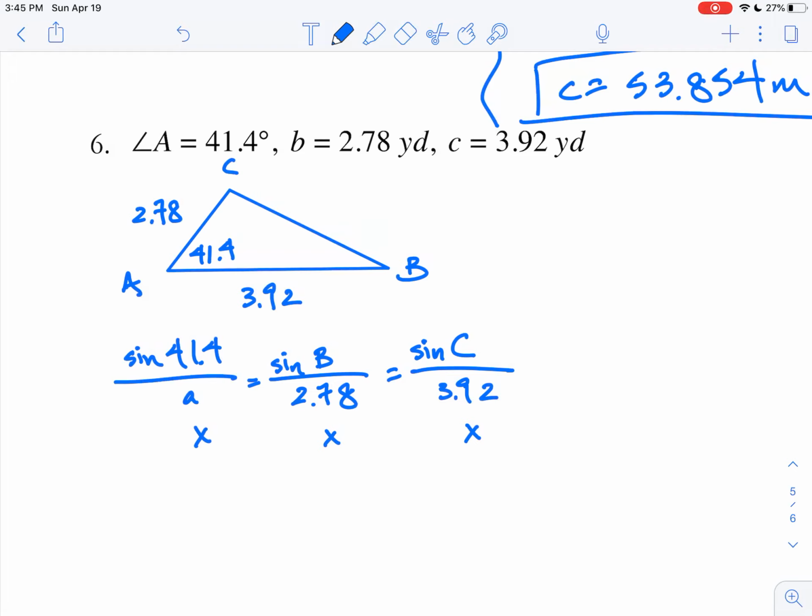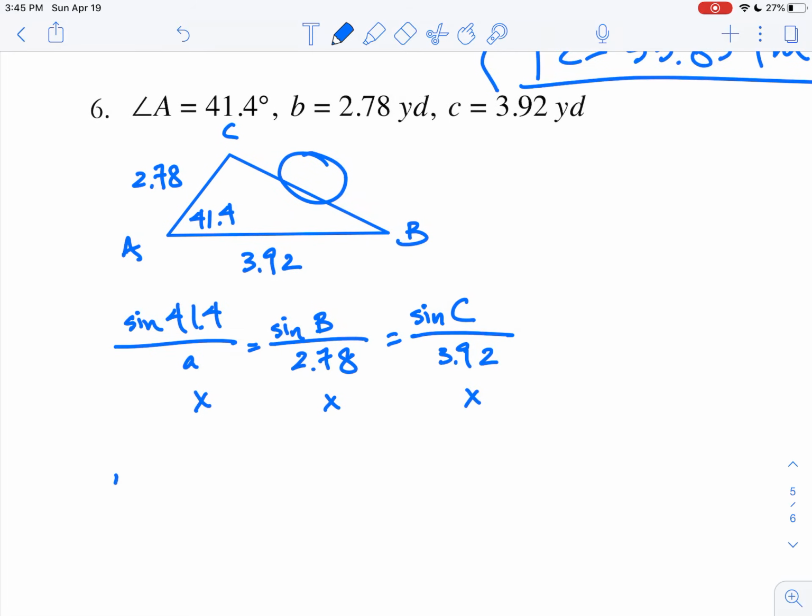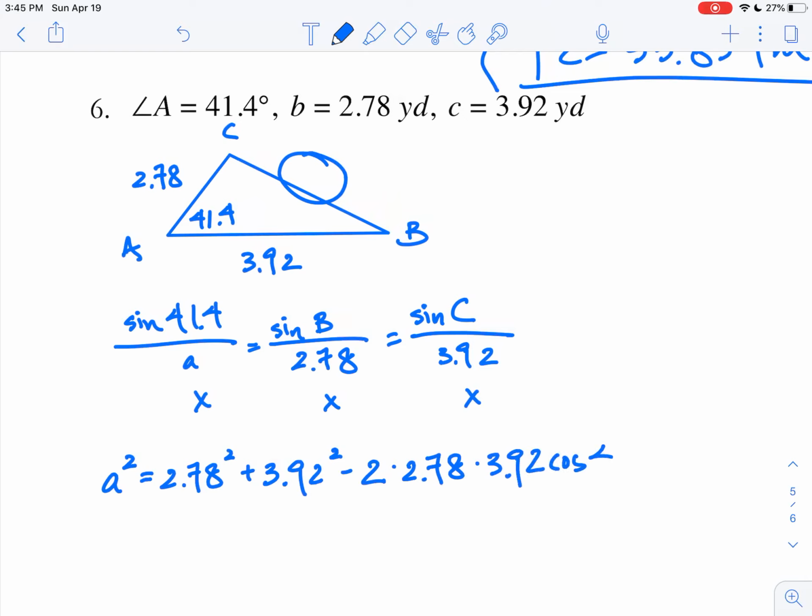That means that we need to use law of cosines, okay? And in this case, we're going to use law of cosines to find side a because we have angle A, all right? So a squared equals b squared plus c squared minus 2 times b times c times cosine of 41.4. Okay, so 2.78 squared plus 3.92 squared.